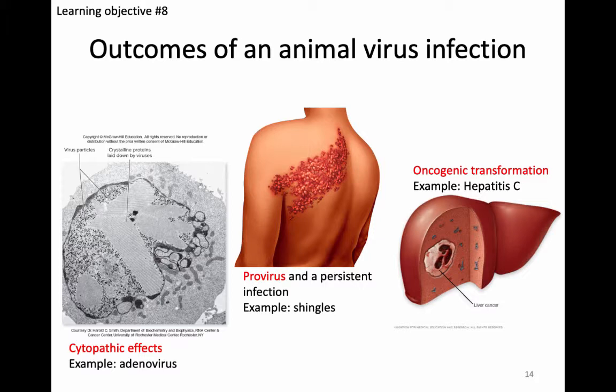An example of a provirus and persistent infection is the chickenpox virus, which can resurface many years later as shingles. The last outcome of a virus infection is oncogenic transformation, where the viral DNA inserts into the host cell DNA and can cause the host cell to become a cancer cell, which is what happens in hepatitis C.